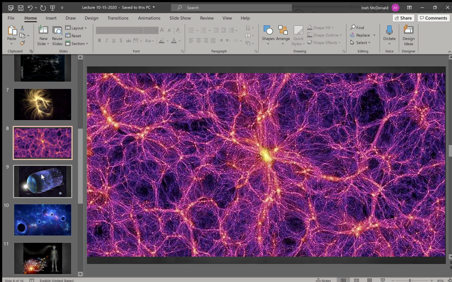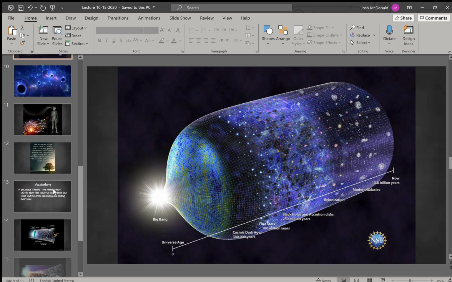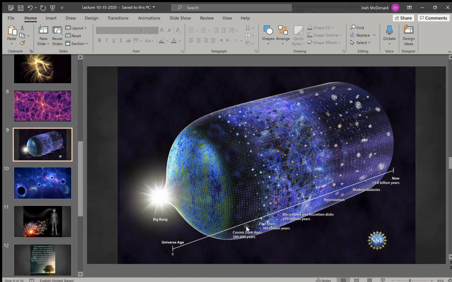And here's kind of an idea of the timeline here. So I want to talk about the idea of dark matter.